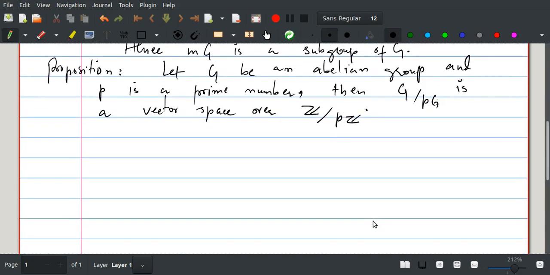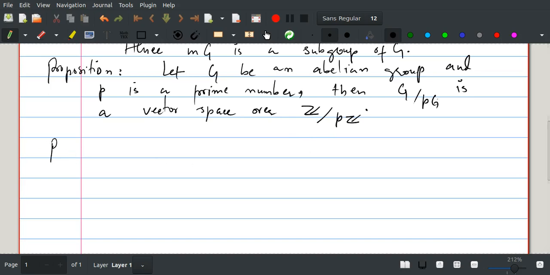So to prove it, we only need to prove the vector space axioms. Obviously G mod PG is an abelian group, so we have to prove the other axioms which are related to the scalar multiplication. Now let us first define the scalar multiplication.